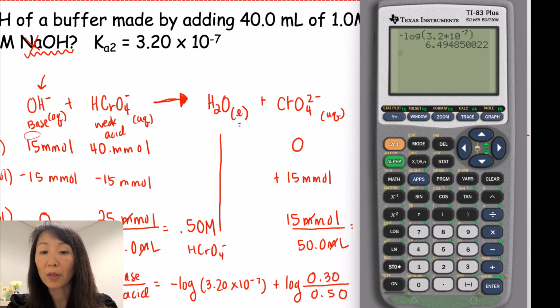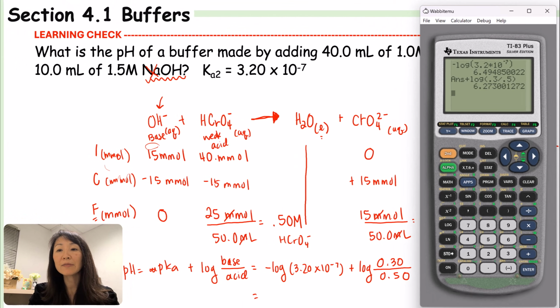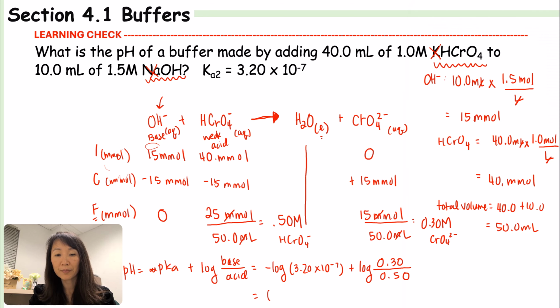All right, there's that long number there, plus then I have my log of 0.3 divided by the 0.5, right? And then I'm going to press enter. And that gives me 6.273 and this big old number. And then with the correct sig figs, it will be 6.3. So my pH value is 6.3.